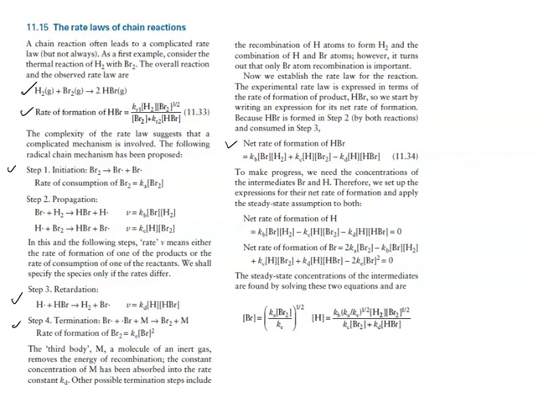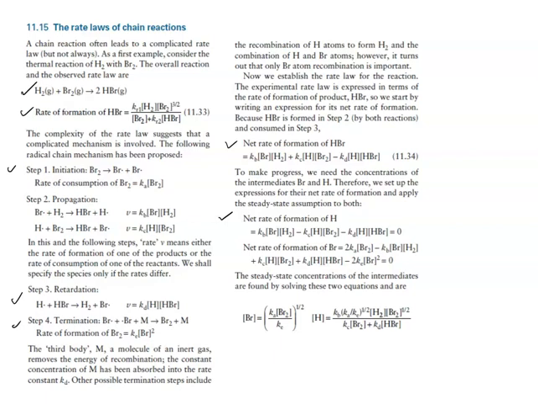To make progress, we need the concentrations of the intermediates, bromine and hydrogen. Therefore, we set up the expressions for their net rate of formation and apply the steady state assumption to both. So, firstly, we have a net rate of formation of hydrogen and then a net rate of formation of bromine, both set to 0.